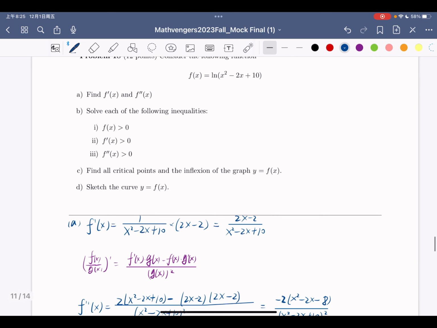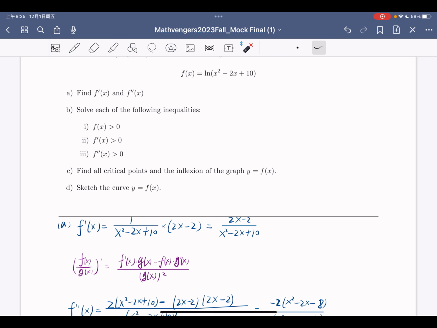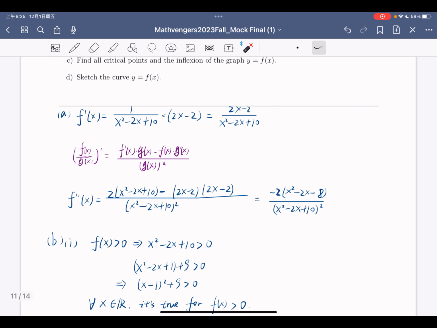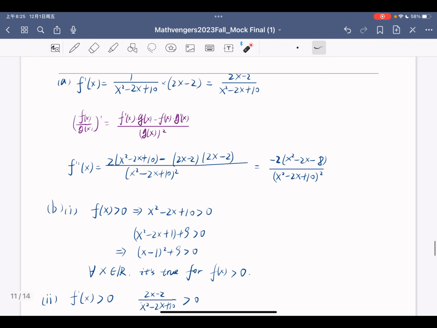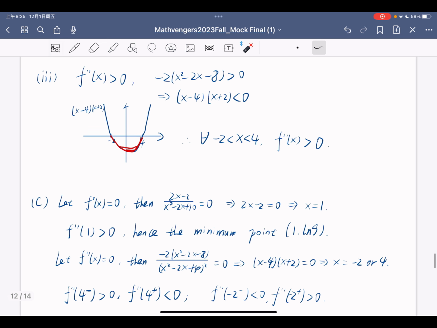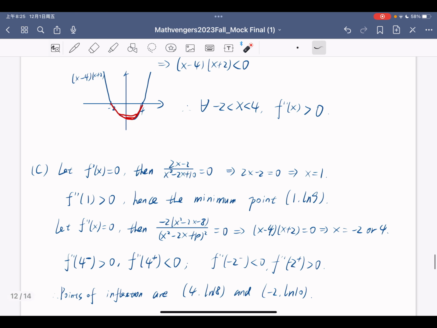And we can see part D. The last part of this question is to sketch the curve of y equal to f(x). We know that we just have one local minimum, and that one is at ln 9.